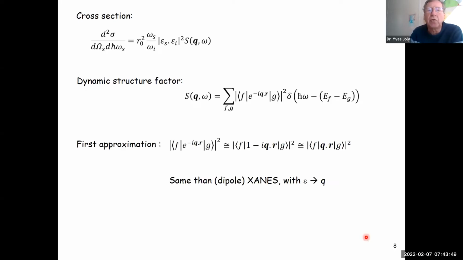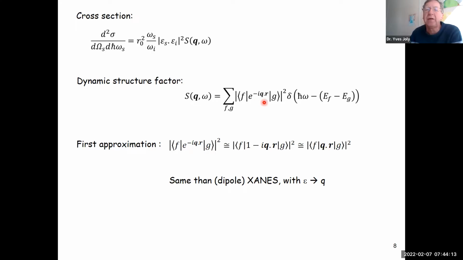So there are different things in the formula. Maybe what is important to show is that in that case, the transition looks this way. And if you consider that Q·R is small in front of 1, you can make an expansion, and you can see that the formula at the end is very close to the one used in XANES.